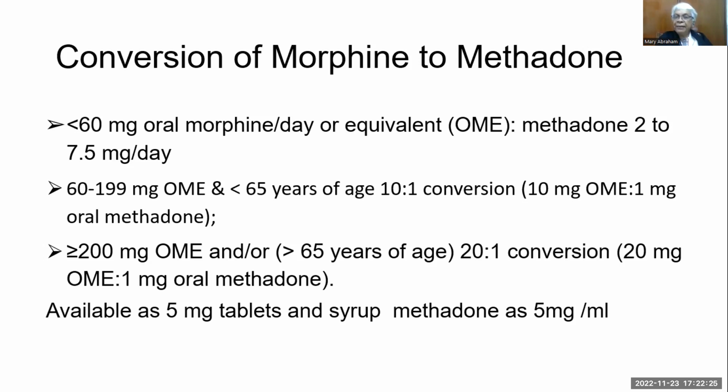So you divide it by 10. But if the patient is taking more than 200 mg, then the equivalent is divided by 20. Okay. And these are available as 5 mg tablets, and even syrup is available as 5 mg per ml.